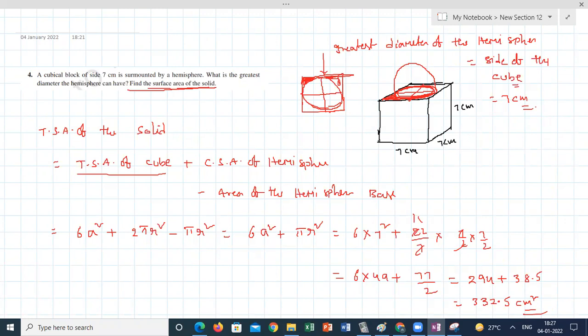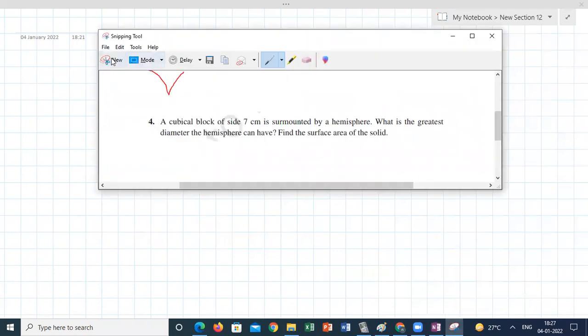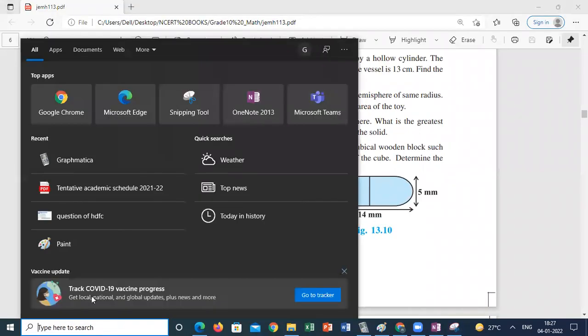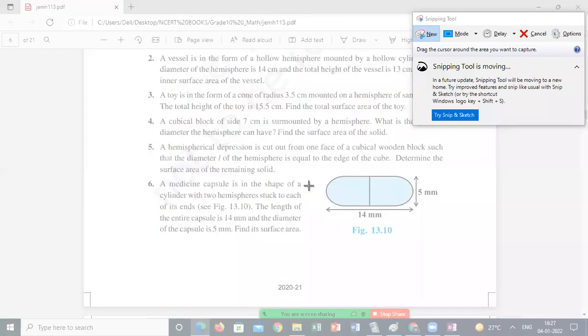Yes, sir. The next one is also a similar kind, but it is a little different. Some part of the solid is removed from the cube. That is the next question. We are done with the fourth one, so we are going to the fifth one.